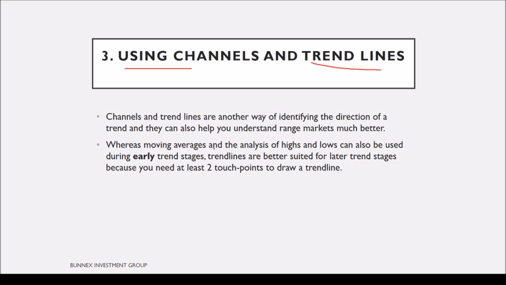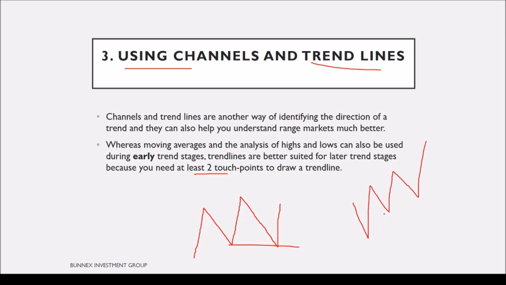Whereas moving averages and the analysis of highs and lows can also be used during early trend stages, trend lines are better suited for later trend stages because you need at least 2 touch points to draw a trend line. What do we mean? The market needs to give you at least 2 touch points to draw your trend line for it to be valid.